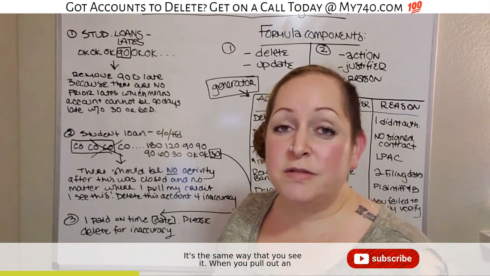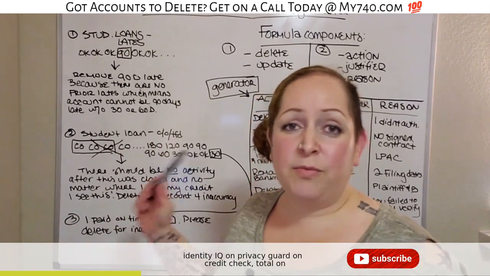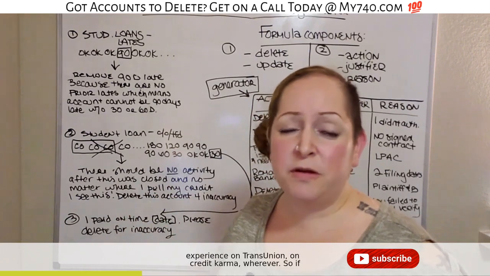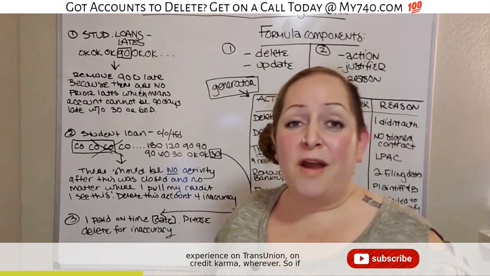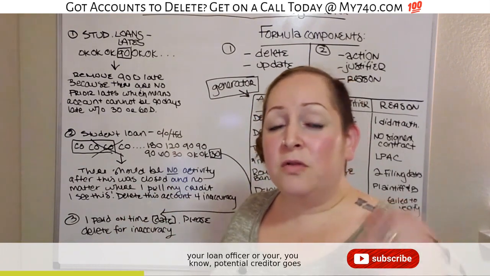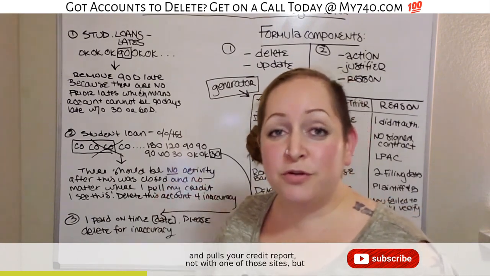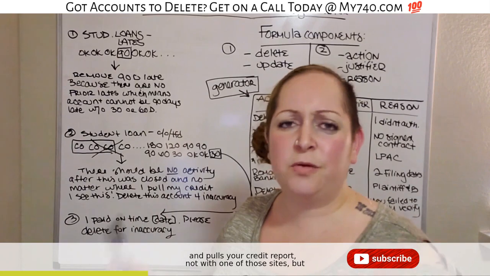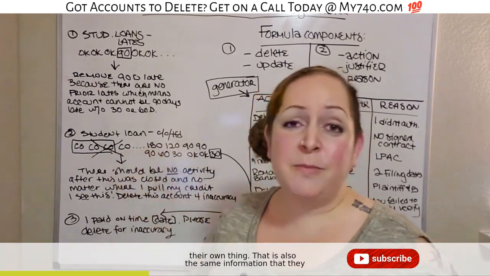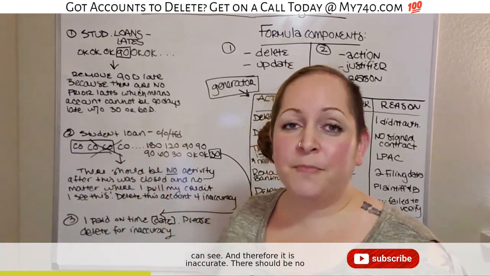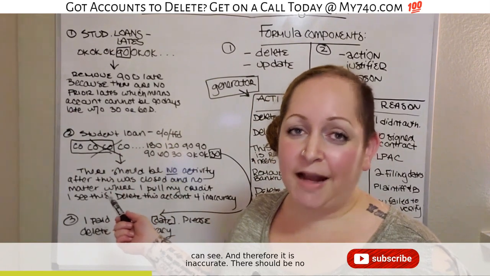It's the same way that you see it when you pull it on Identity IQ, on Privacy Guard, on Credit Check Total, on Experian, on TransUnion, on Credit Karma, wherever. So if your loan officer or your potential creditor goes and pulls your credit report, not with one of those sites, but their own thing, that is also the same information that they can see, and therefore it is inaccurate.